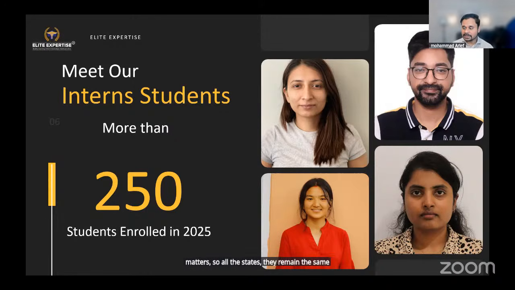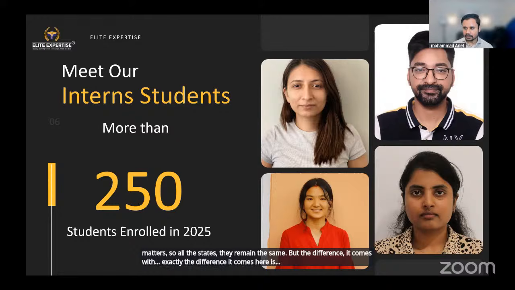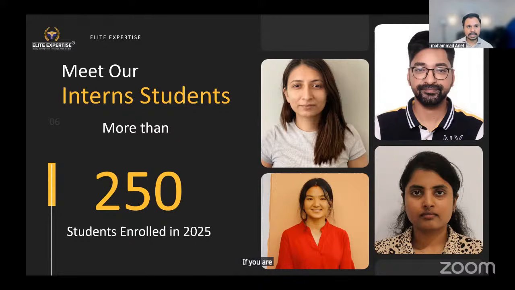But where exactly the difference comes is, if you are in regional or rural areas, then the pay rate will be a bit higher, especially when it comes to the extra allowances.